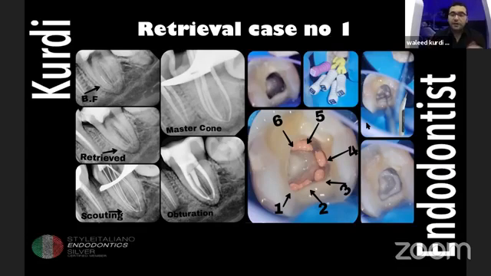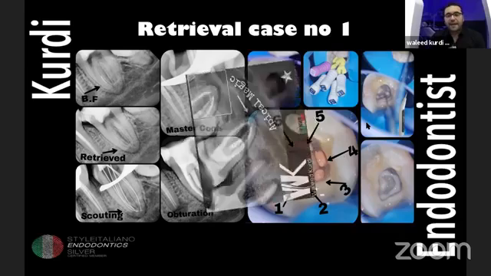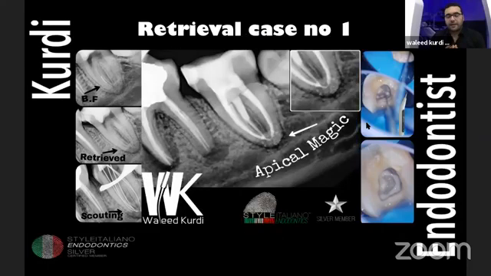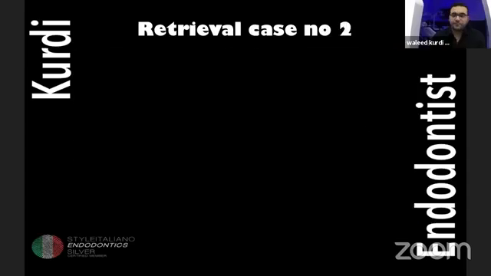So here I just removed it with Ultra X, and you can see even in the obturation X-ray how conservative it was. It was a C-shaped canal, and you can see a lot of connecting canals, but the apex is one. Another case, here is the apical magic, and it was obturated with bioceramic sealer.